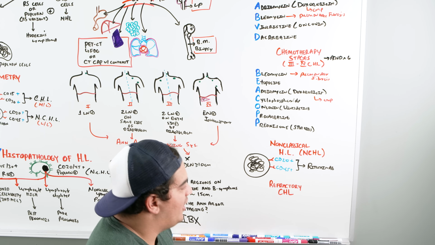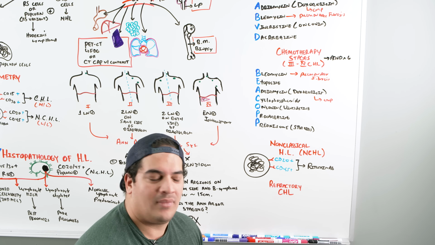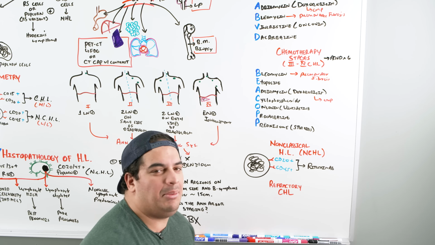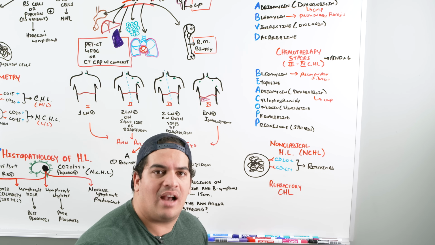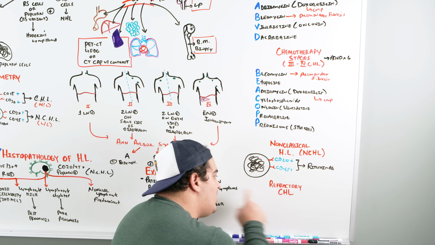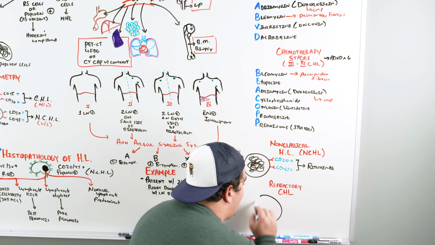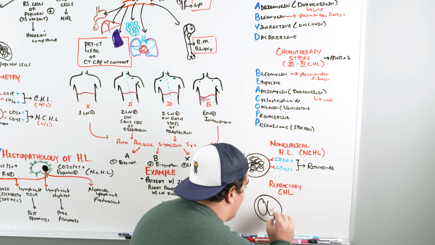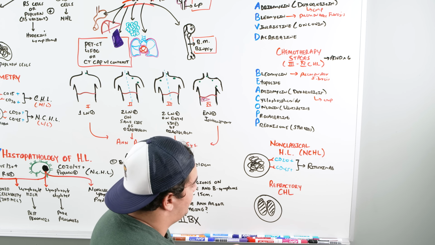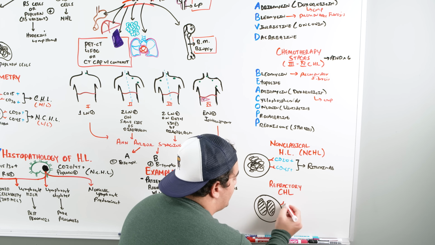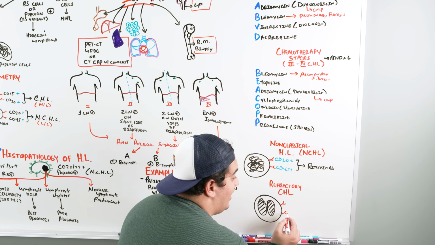Now the last one here is refractory classical Hodgkin's lymphoma. So you've tried the ABVD, maybe you've done the BEACOPP regimen. After that, they're still not in remission. You can consider another drug, but they have to test positive. So this is for those Reed-Sternberg cells. On their surface, there was the CD15 and the CD30.